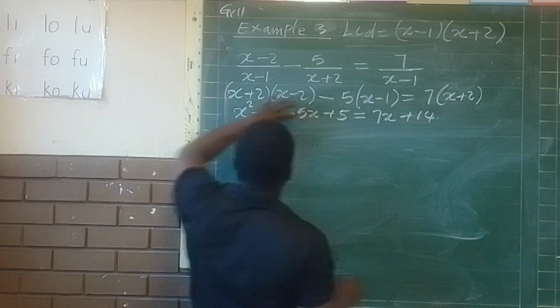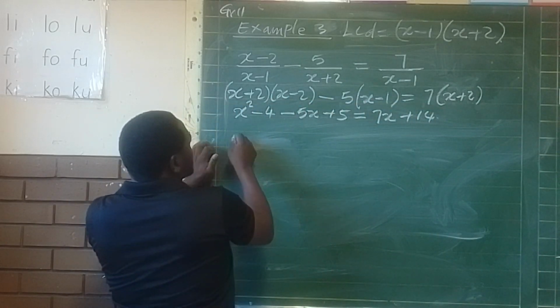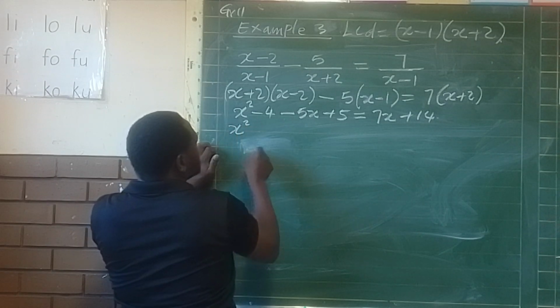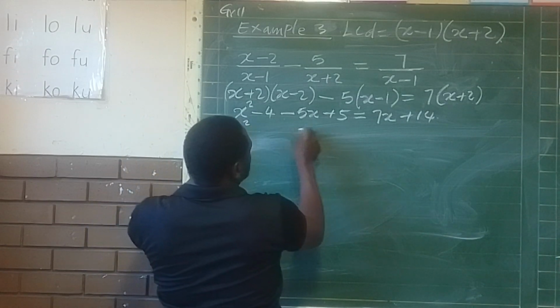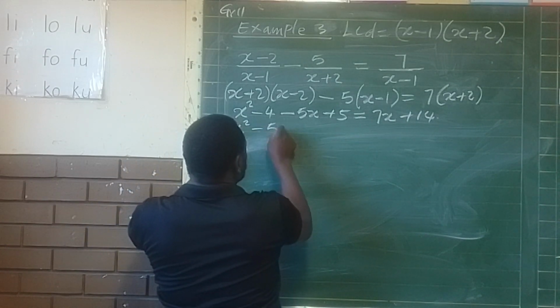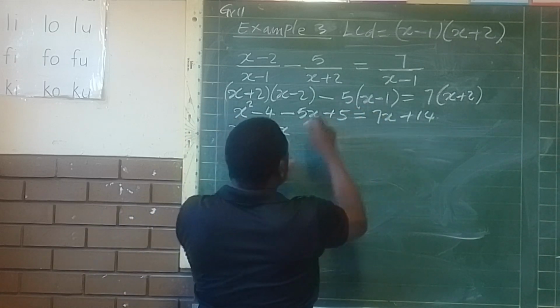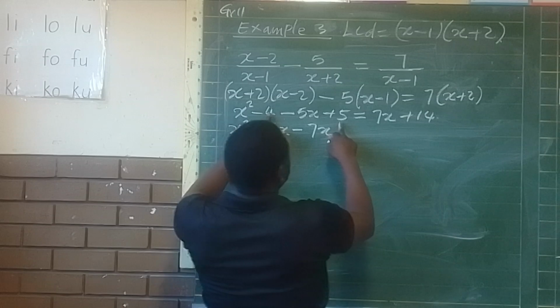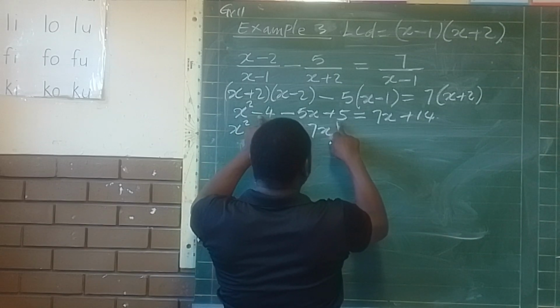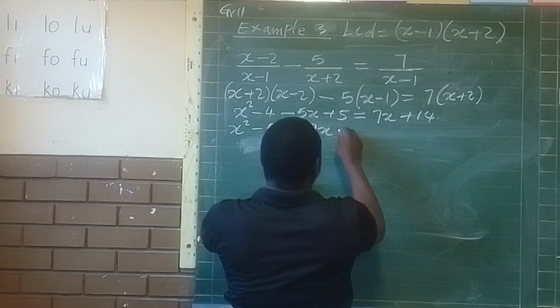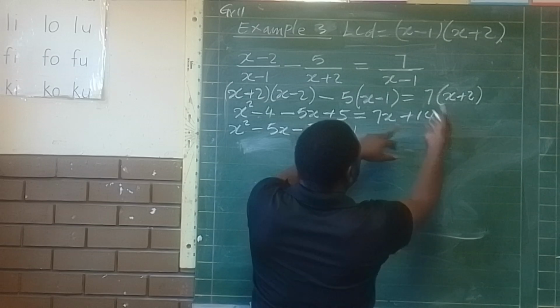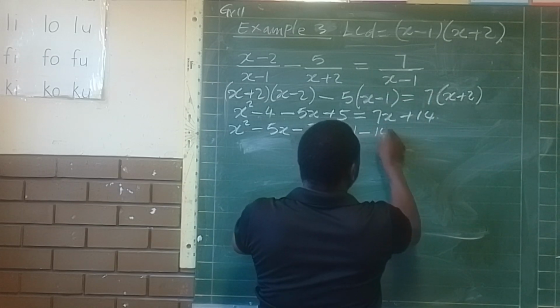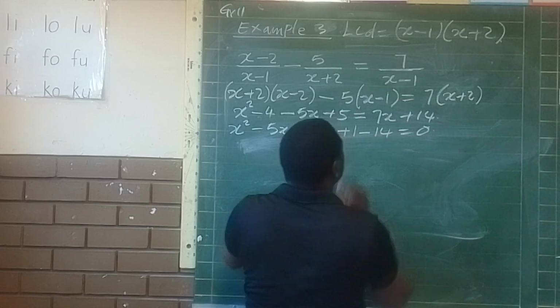Now we're going to take everything to one side. Then it is going to be x squared minus 5x minus 7x. Constant: minus 4 plus 5 is going to be 1. We take 14 minus 14 on that side, equals to 0.